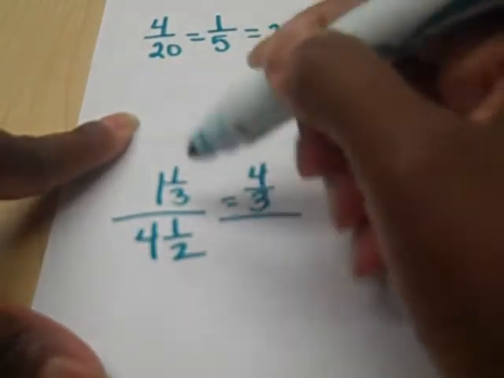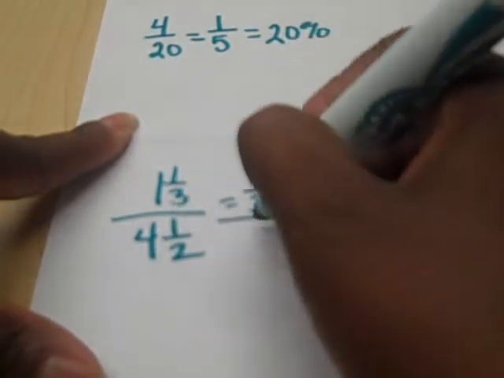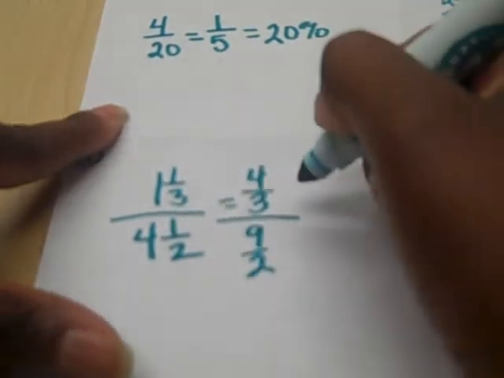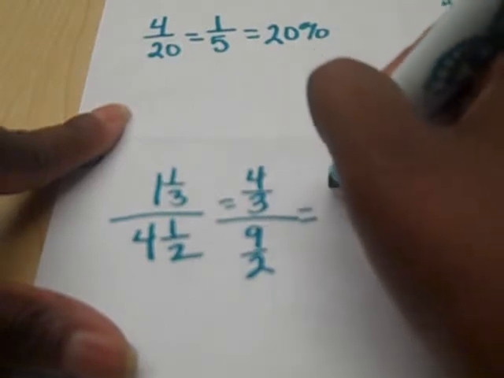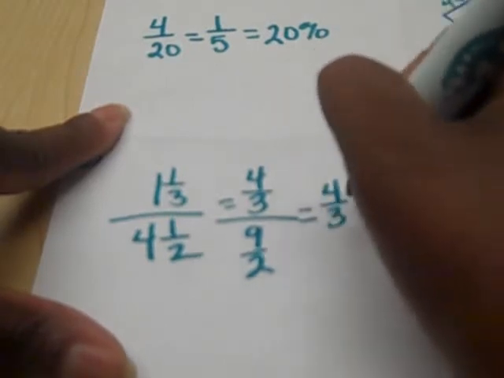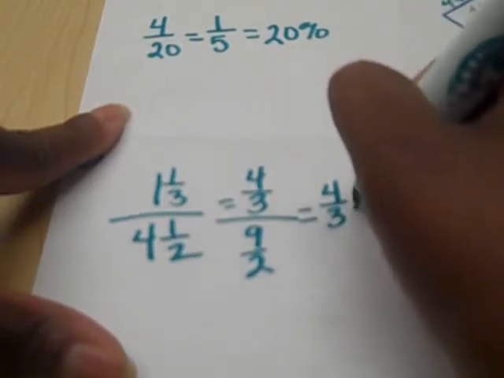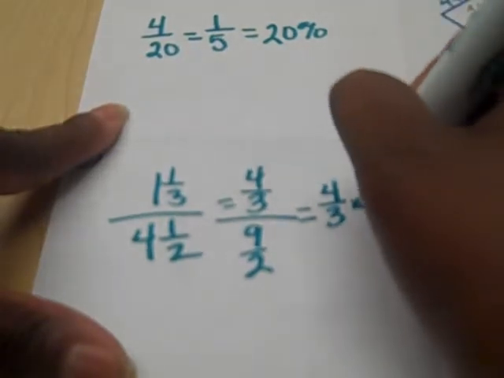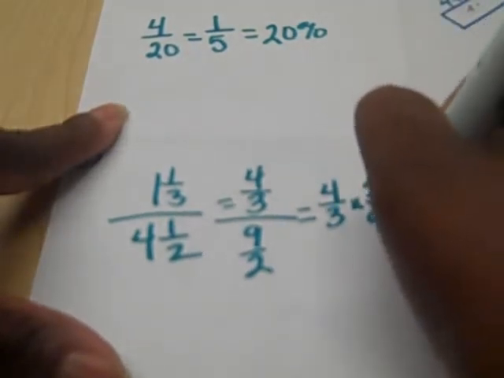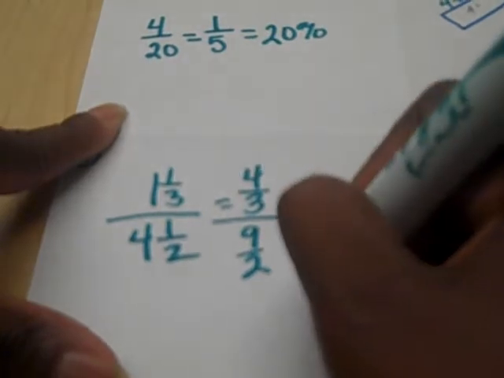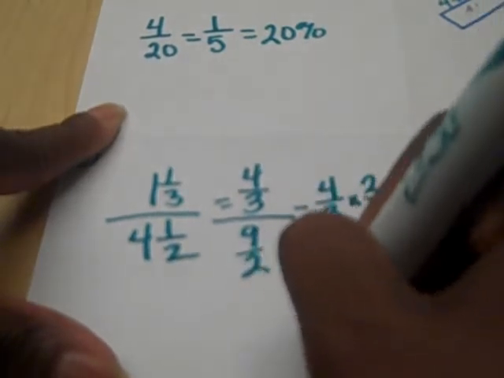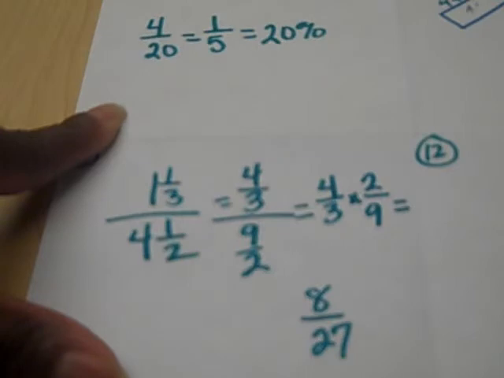And our denominator is now 2 times 4 plus 1, 9, 9/2. And we are going to take our numerator and multiply it by the reciprocal of our denominator. Multiplying across, we will have 8/27. That will be your answer.